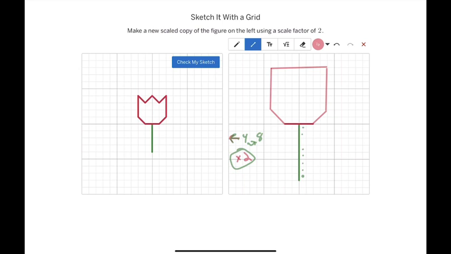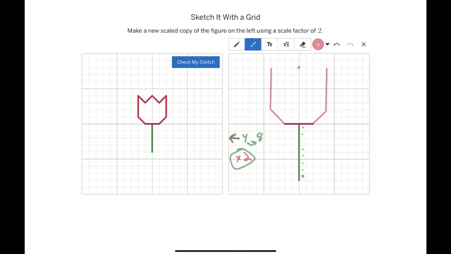And what I know is that that middle triangle that's like the tip of the flower is right in the middle of that. So I know that there's going to be a vertex of a triangle right there.